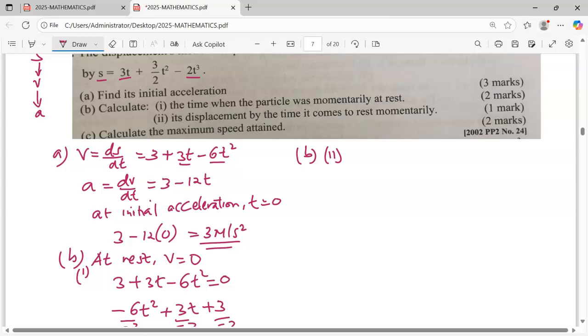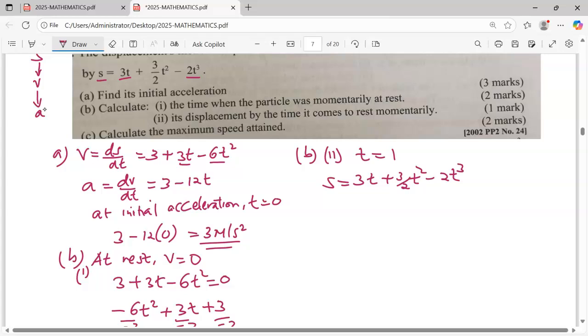For us to get the displacement, we simply substitute the value of t, which is 1. So our displacement function is 3t + 3/2 t^2 - 2t^3.